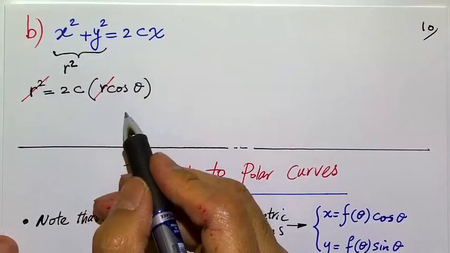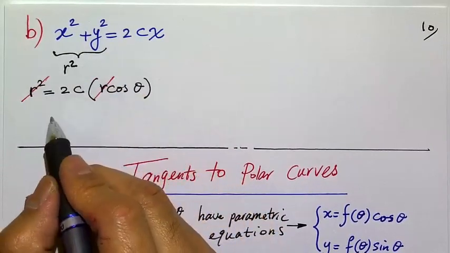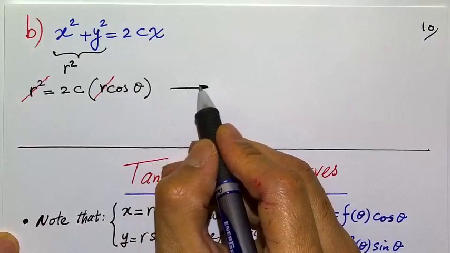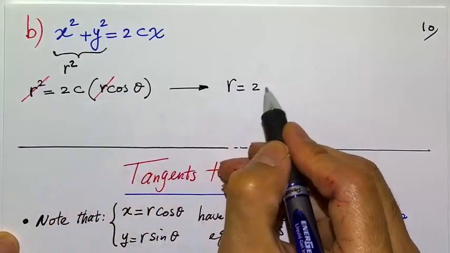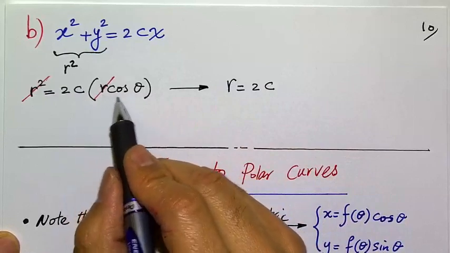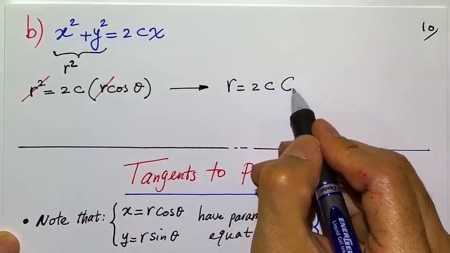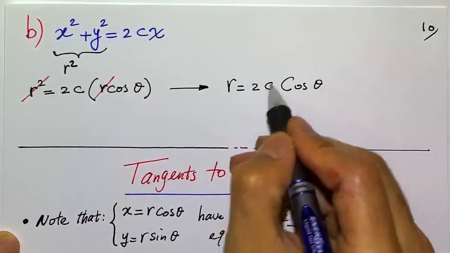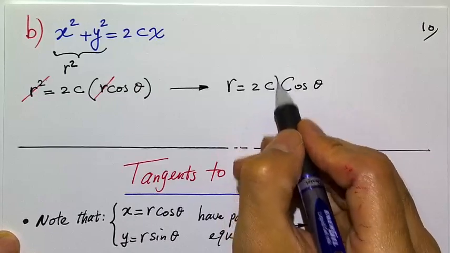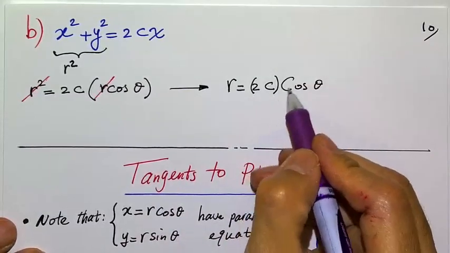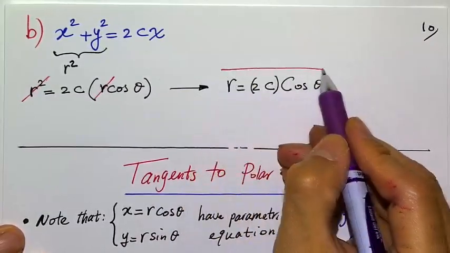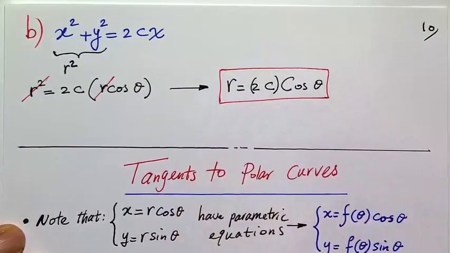What we are left with is simply r on the left, and then 2c cosine of theta. Okay, so I want to put that in parentheses like that, lowercase c and cosine. So this one was quickly converted from one form to the next.